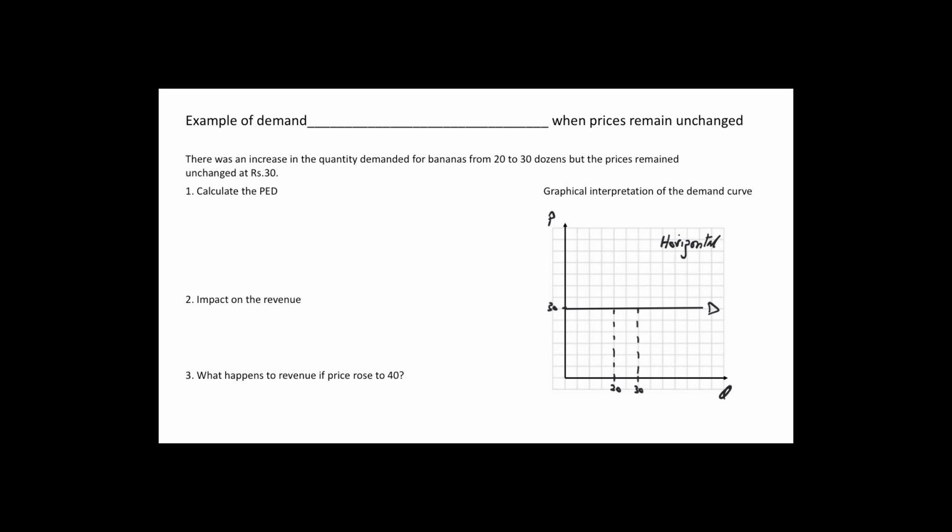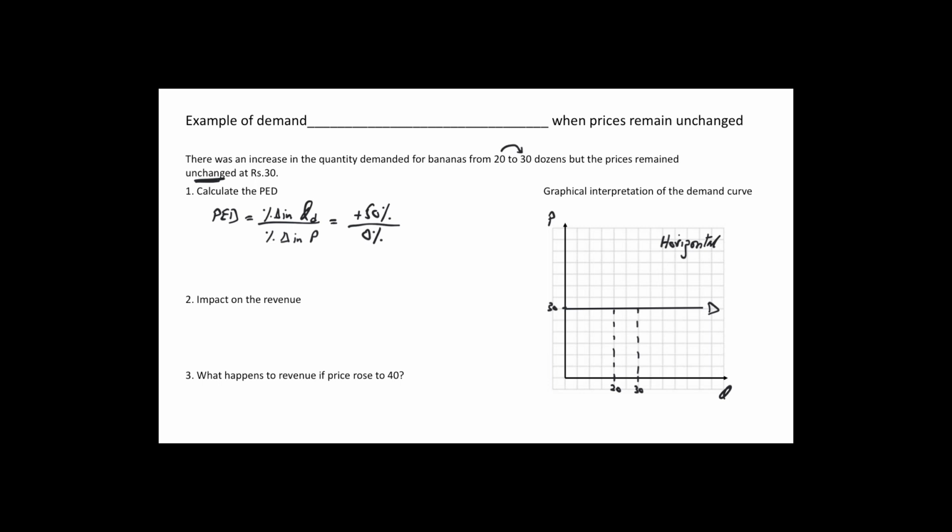Now, with horizontal, let's do the calculation for it and see what's the deal with this. Percentage change in quantity demanded divided by percentage change in price is equal to, so the change in quantity is from 20 to 30, that's about 50% increase, while change in price is 0.